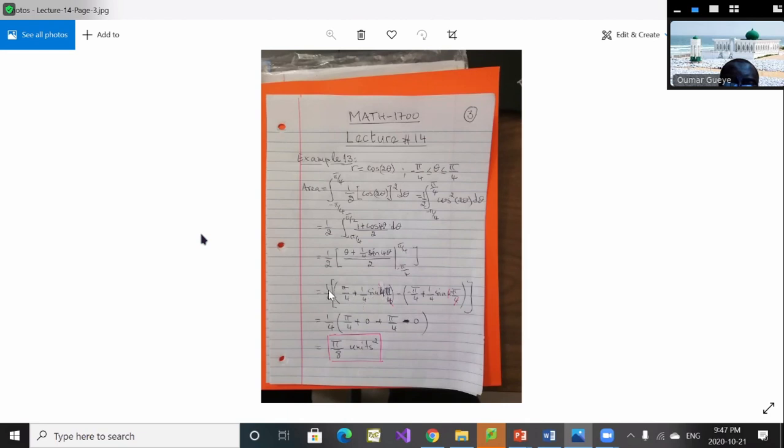I took these 2 out. The denominator. Oh, okay. Right, it's going to be 1 over 4. And then the first bracket here is obtained when you substitute theta by pi by 4. It's going to be just pi by 4 plus 1 over 4 sine of 4 times pi by 4. So this 2 is already out.